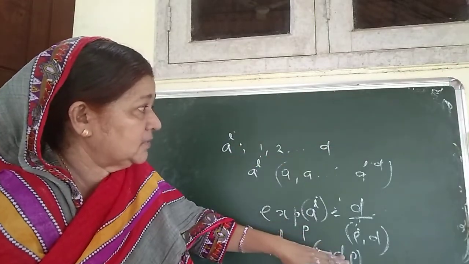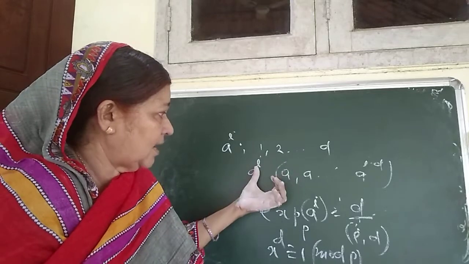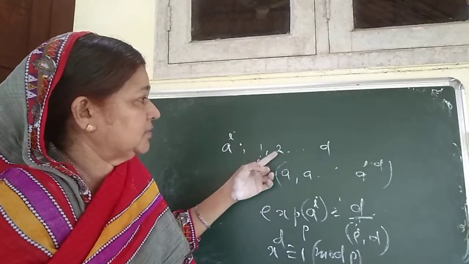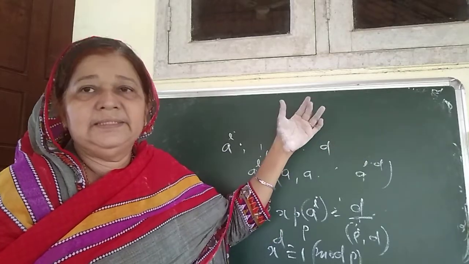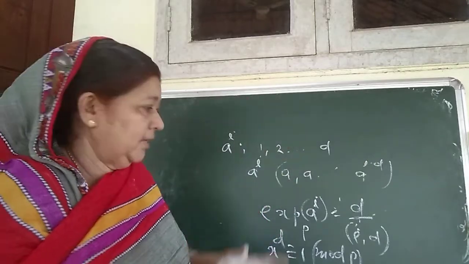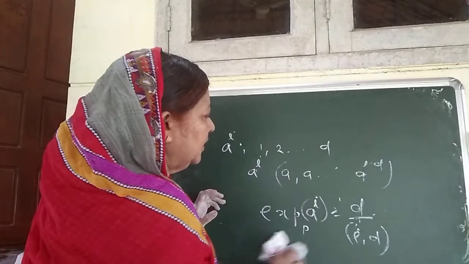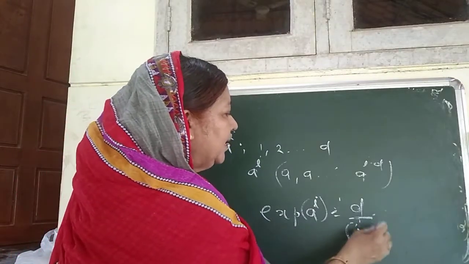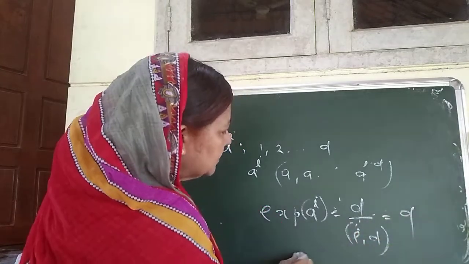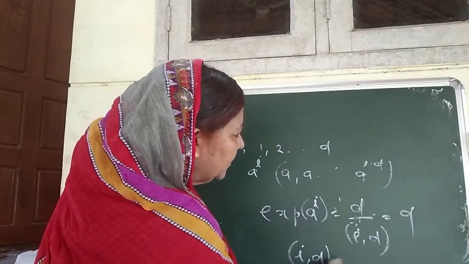So the number of solutions of this and a, a squared, etc. are also the same. Therefore, the exponent of a raised to i equals d by gcd(i, d), which equals d when gcd(i, d) equals 1.